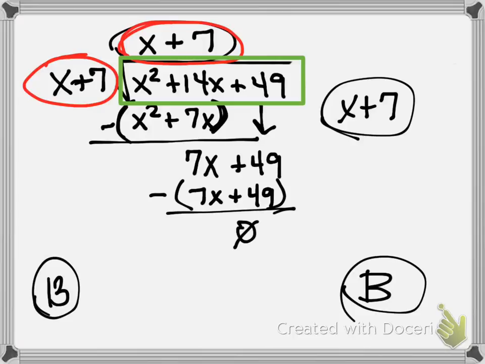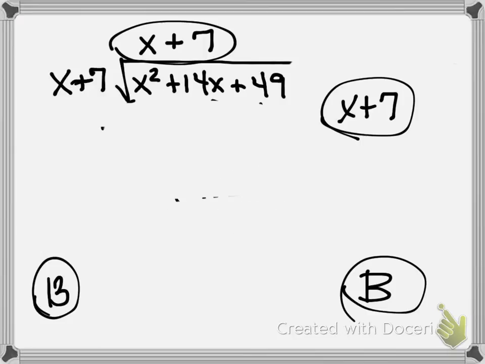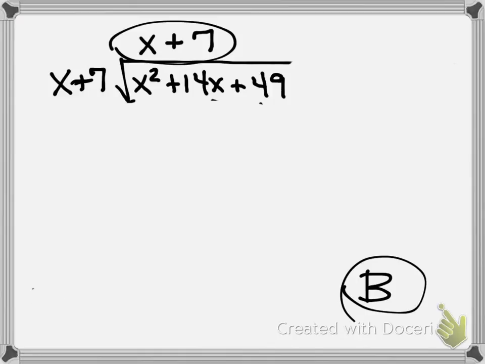So x plus 7 times x plus 7 is definitely x squared plus 14x plus 49. And if you ever want to check your work, you can double check that multiplication and see if you end up with the trinomial you started with.